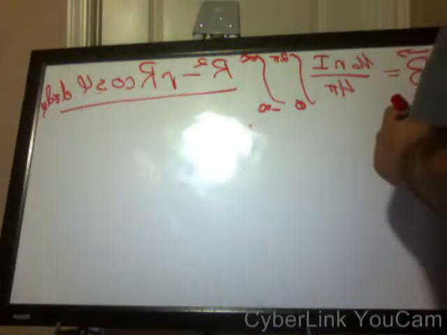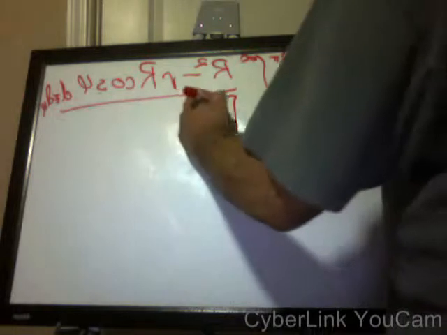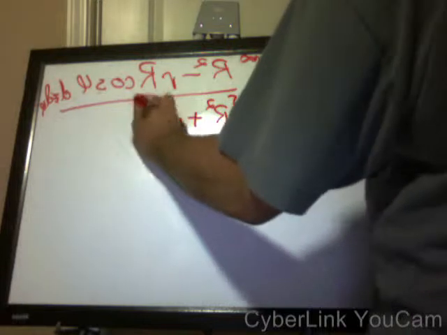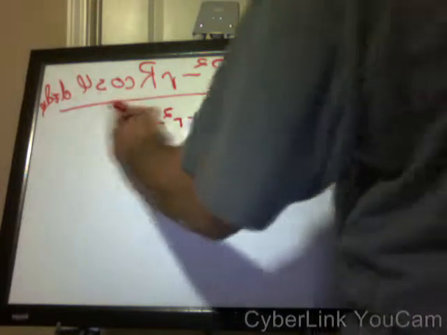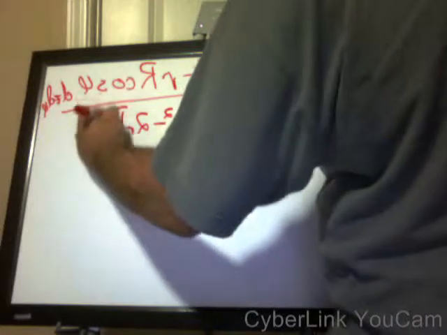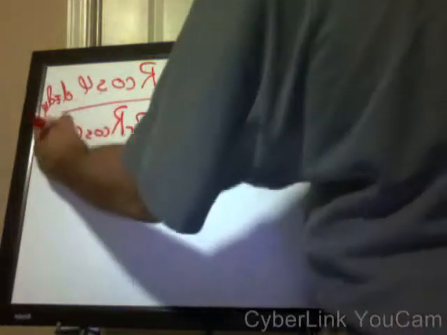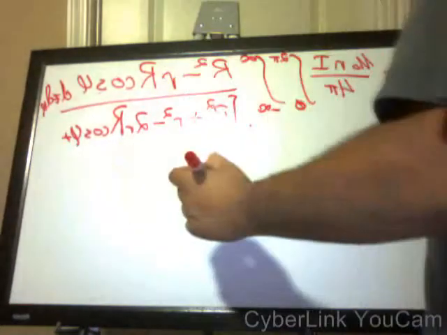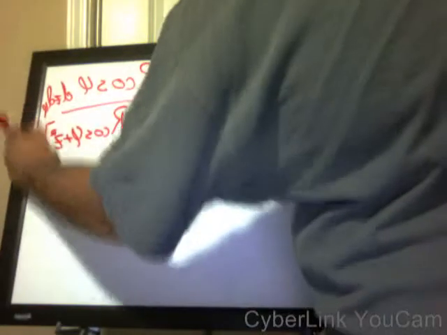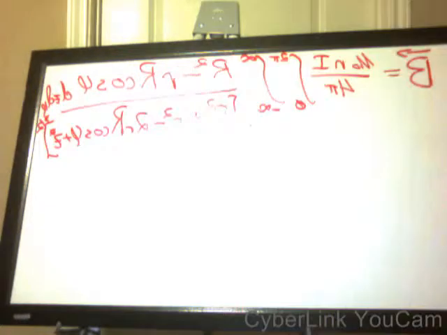all over big R squared plus little r squared minus 2r big R cosine phi plus z squared to the 3/2.